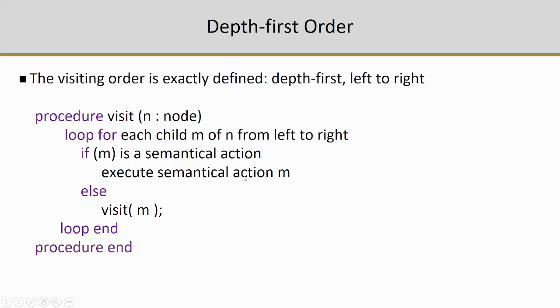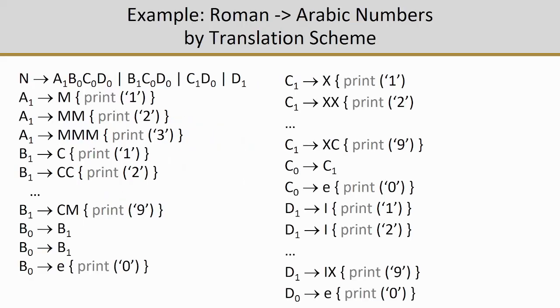in the appropriate order. Okay, and here we have an example where Roman numbers are converted to Arabic numbers by a translation scheme. Roman numbers cannot be higher than 4,000, since at the level of thousands we can have no more than 3 different digits.